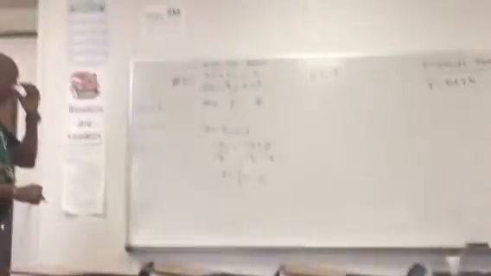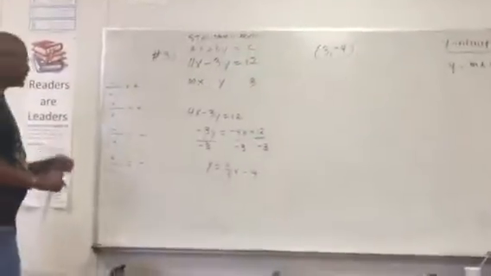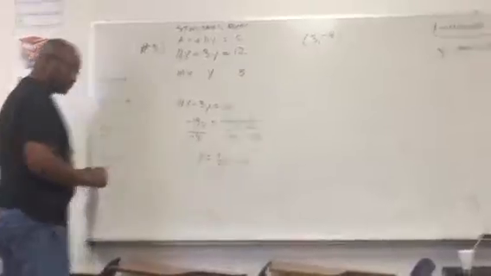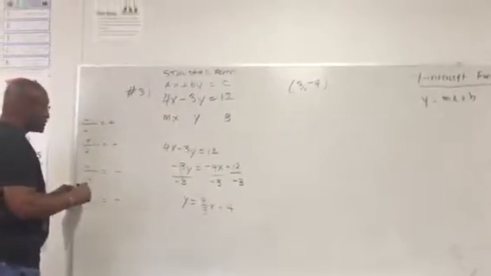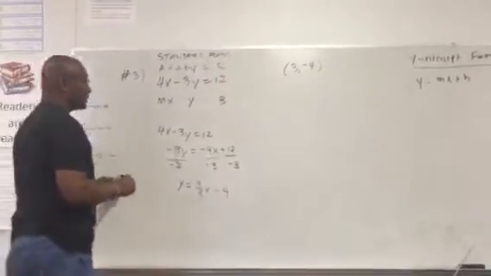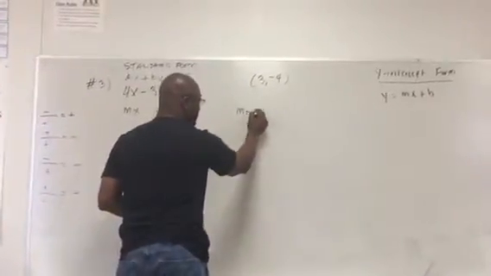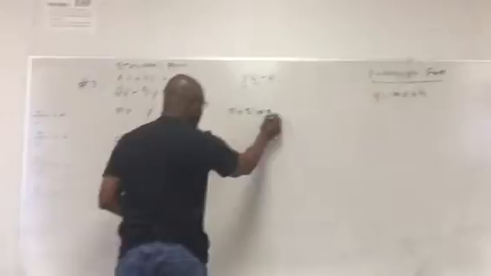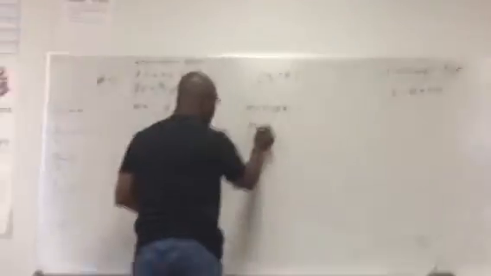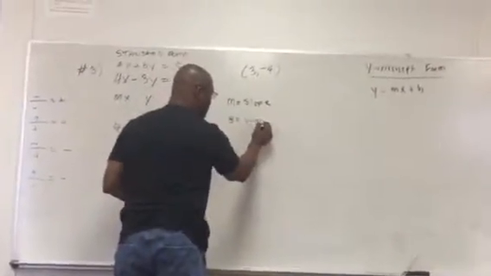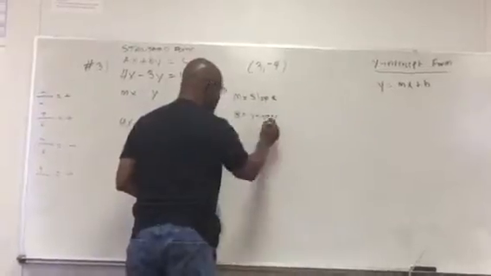So, William, what's my slope here? Oh, first of all, guys, the letter m is your slope. The letter b stands for your y-intercept. Your y-intercept tells you where the line crosses the y-axis if you graph the line.